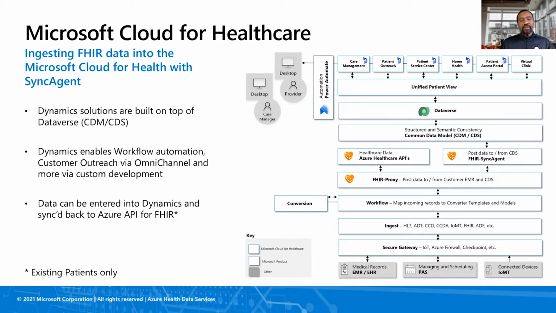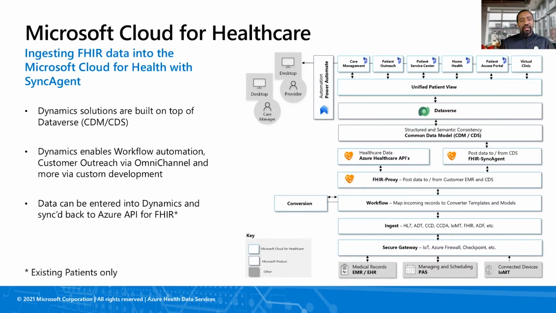data transformations and operations in order to land that data in the common data model in Dataverse, so that this way it immediately becomes available to folks that are using the Dynamics platform in the Microsoft Cloud for Health. Typically, the latency involved between the message arriving at the FHIR Proxy and that data showing up in Dataverse is roughly on the order of half a second.